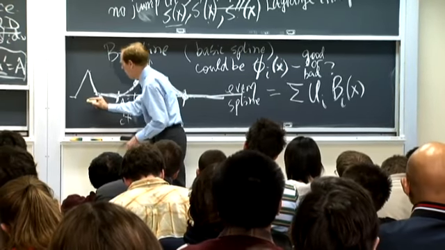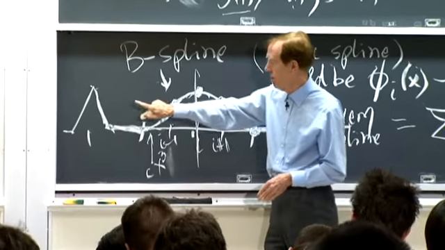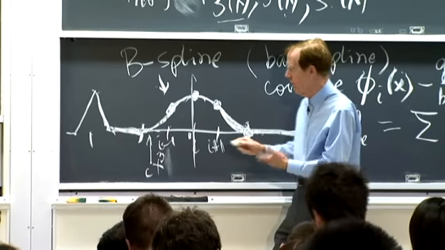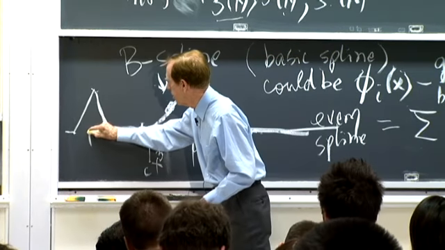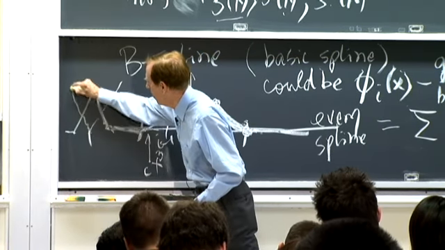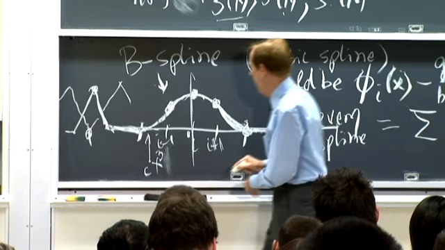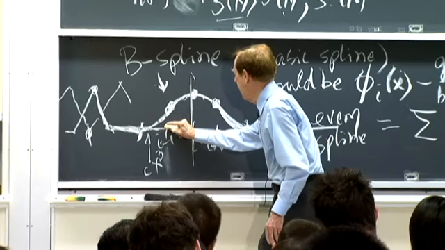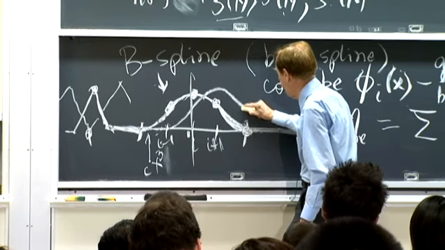With these very local hat functions, at that node, the only one of the phi functions that wasn't 0 is the one I've drawn. All the others were 0 there, right? All the other hats were 0. There was just the one. But now there'll be a B-spline starting from here, going up to here, coming down from here.